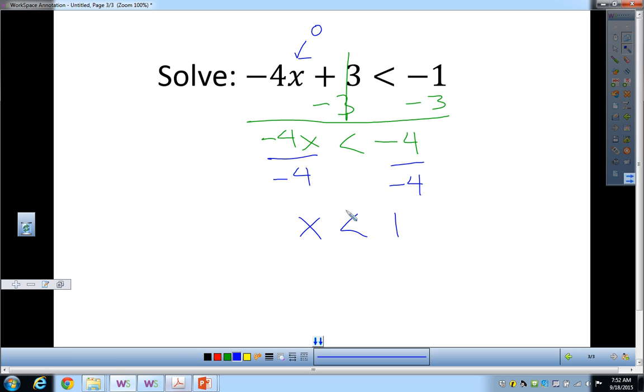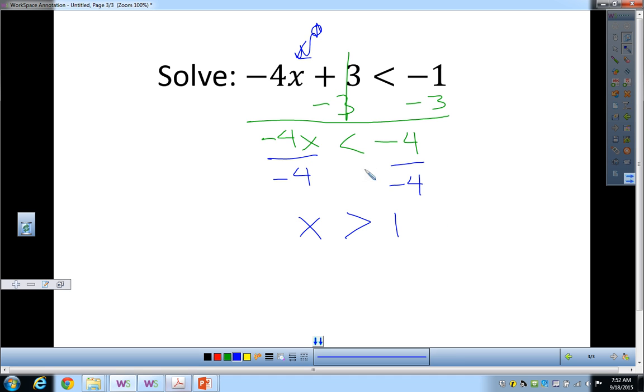Not make it positive, you flip the sign. Did you guys know that? When you divide or multiply by a negative in an inequality, you have to flip the inequality the other way. And so now you have x is greater than 1.